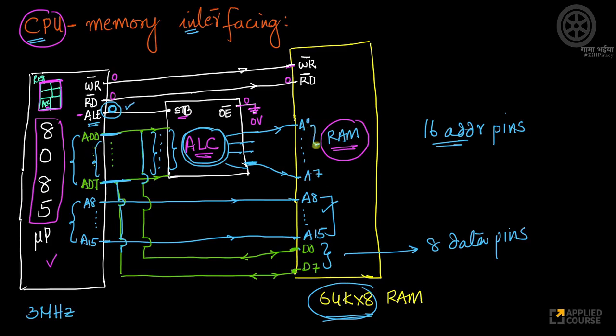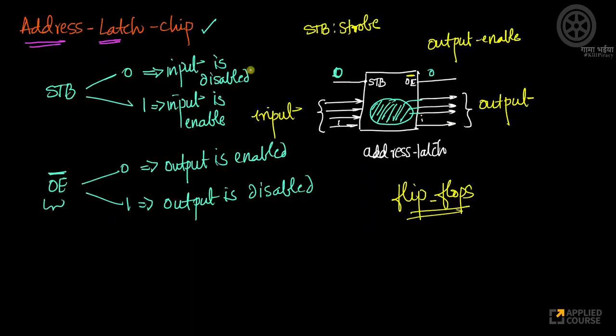These 8 address pins of the RAM get the address because the address has already been stored in the ALC. Now when ALE becomes 0, whatever inputs are here are not taken by the ALC. That's what we said: when strobe equals 0, the inputs are disabled, which means these inputs are no longer read into the memory stored here.